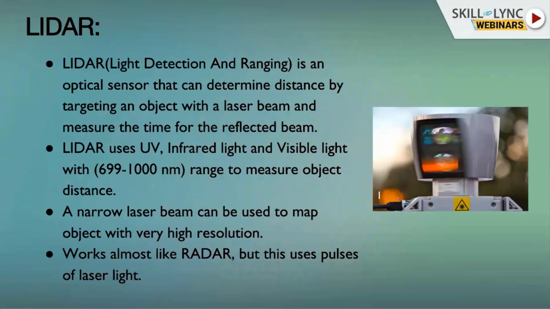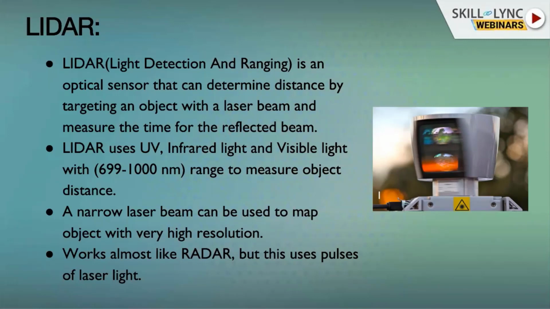So the full form of LiDAR is light detection and ranging. Light detection and ranging is an optical sensor. Like we have a lot of other sensors like camera, radar. Like that, there is a sensor LiDAR, which works by transmitting a laser beam from the transmitter and getting that laser beam back from the reflected object to the receiver.